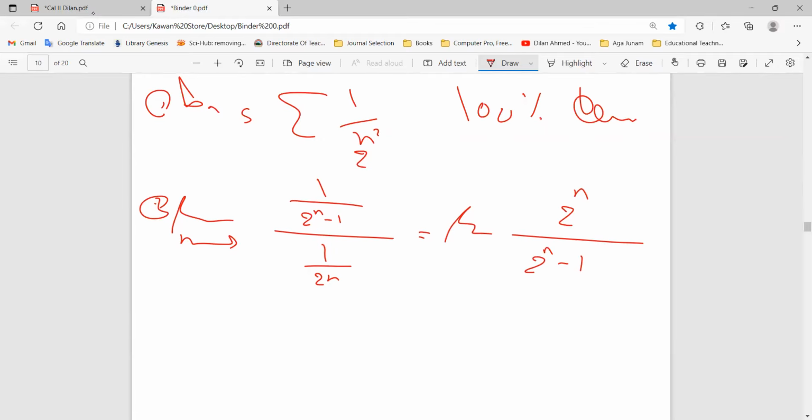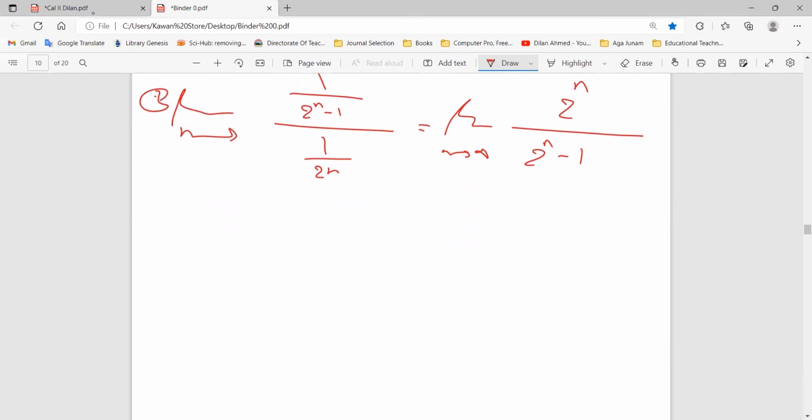And how do we solve that one? Infinity over infinity. So what? Indeterminate. So how do we solve indeterminate type? By L'Hôpital.